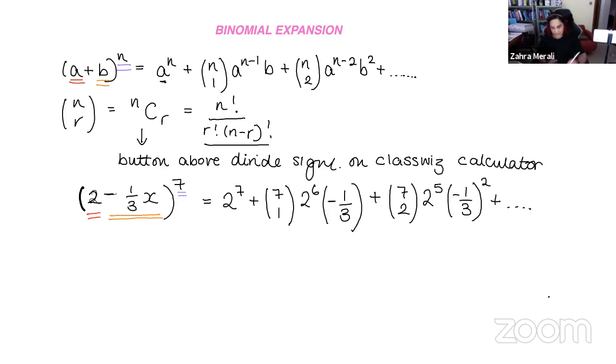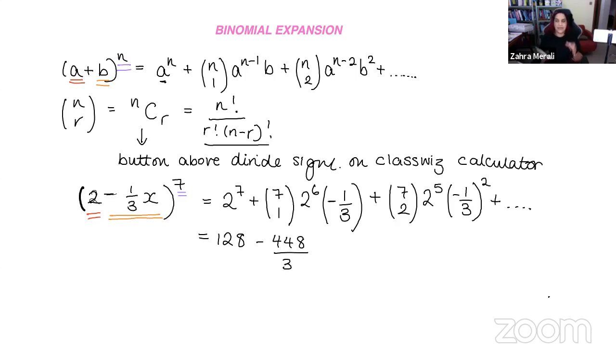Okay, now stick it into a calculator. Each term separately, don't try to add anything up. So 2 to the power of 7, when you put that in a calculator, gives you 128. Then 7C1, which is 7 choose 1, choose 1 is always just going to be the number. So 7C1 is always 7, doesn't matter. Times 2 to the power of 6 times minus a third. And that gives you minus 448 over 3.